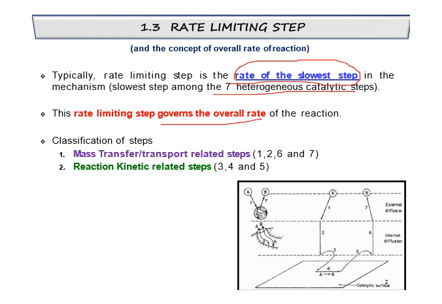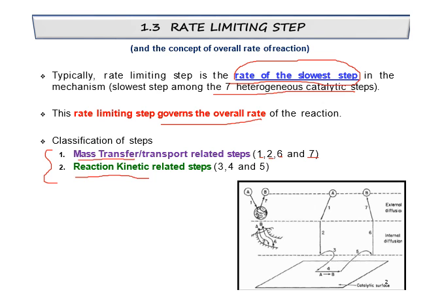Therefore, the steps can be classified into two. The first one is the mass transfer steps. The second one is the reaction kinetic steps. The mass transfer steps refer to step number 1, 2, 6, and 7. Why?